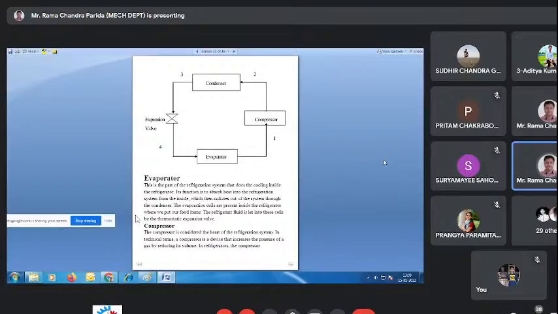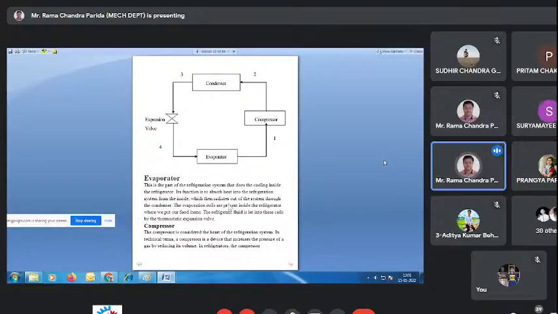So what is the main purpose of the evaporator? This is the part of the refrigeration system that does the cooling inside the refrigerator. Its function is to absorb heat from inside, which then radiates out of the system to the condenser.